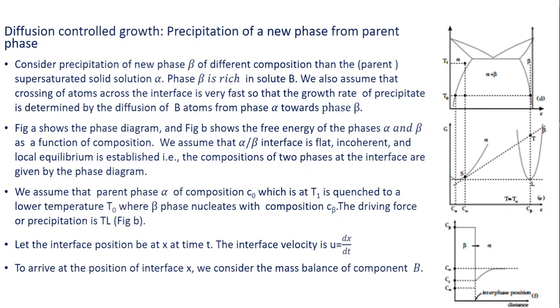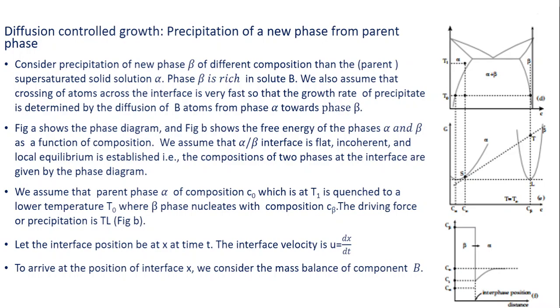So this is how the free energy versus composition curve will look for beta. We assume that the alpha beta interface is flat, incoherent, and a local equilibrium is established, that is, the compositions of the two phases at the interface are given by the phase diagram. That is the meaning of the existence of local equilibrium.